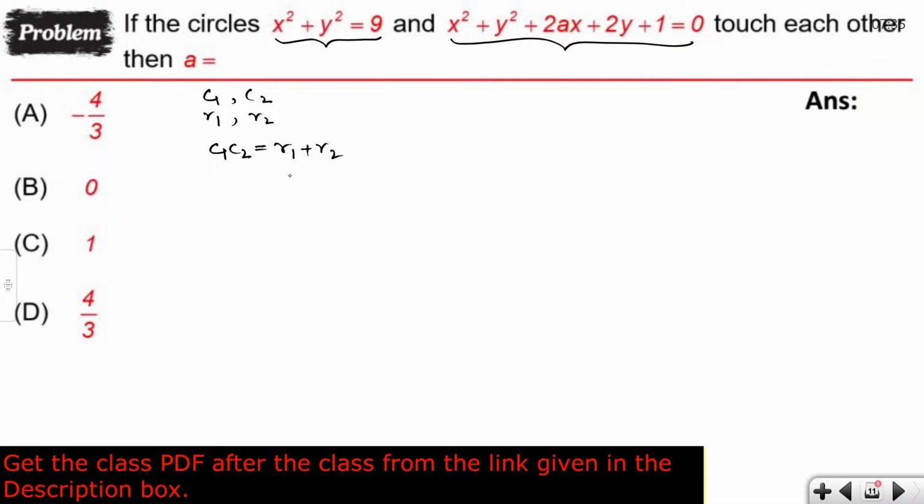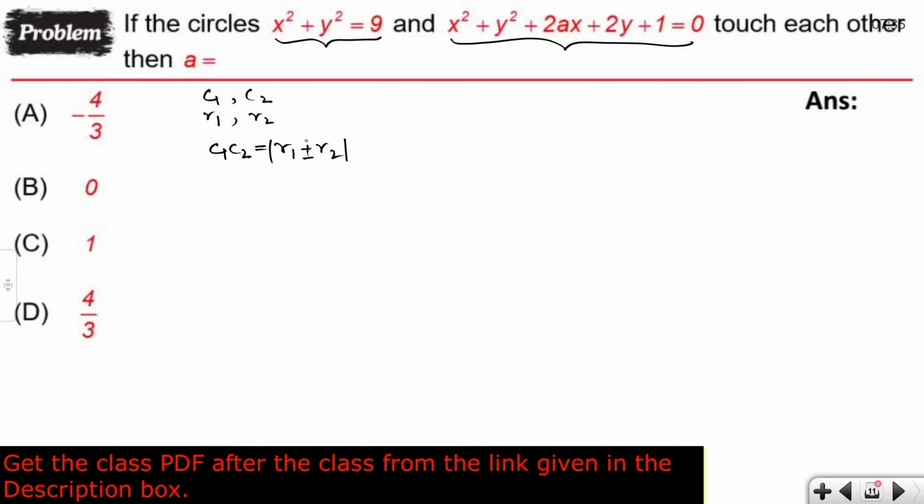And if they touch internally, then this one will be |R1 minus R2|. Definitely in that case, a modulus sign will be there. Is it clear to all or not? So the condition for this question is that the distance between the centers is nothing but the sum of the two radii or the difference between the two radii.